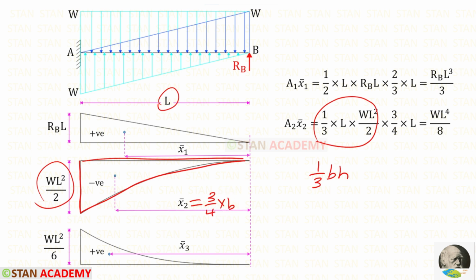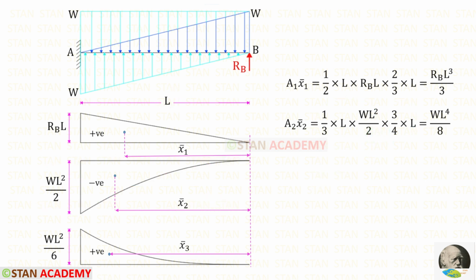Here the breadth is L, so it is 3 upon 4 into L. We can eliminate this 3 and this 3. 2 into 4, it will be 8. L into L square into L, it will be L power 4. So for area 2 x2 bar, we will get WL power 4 upon 8.